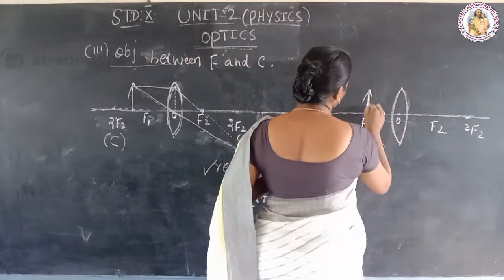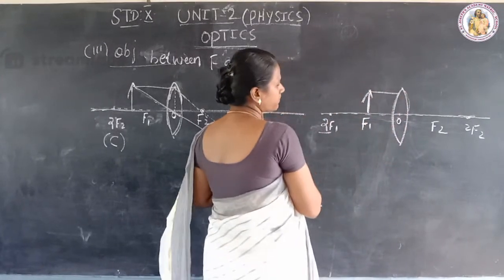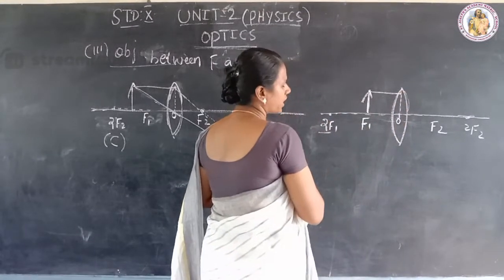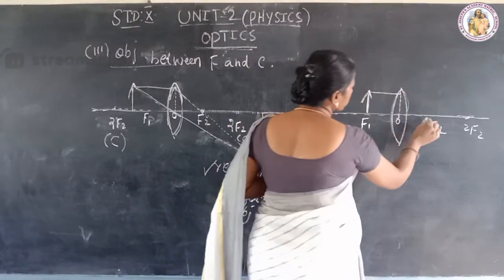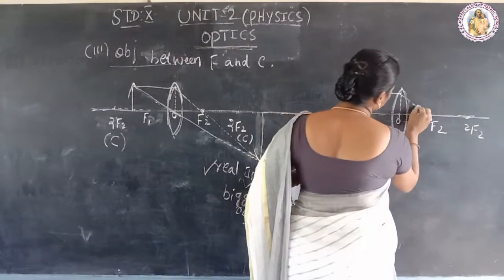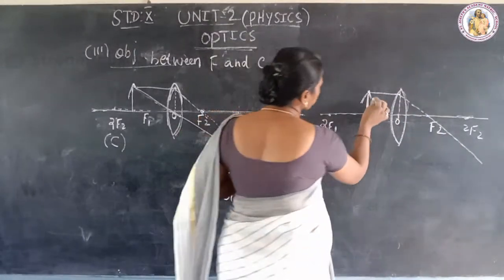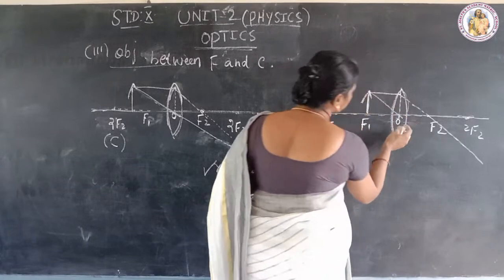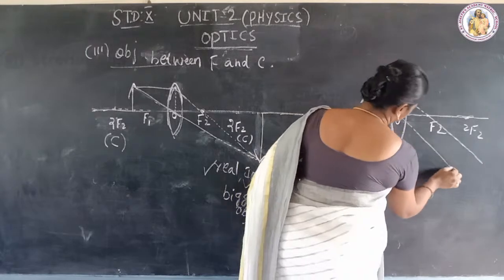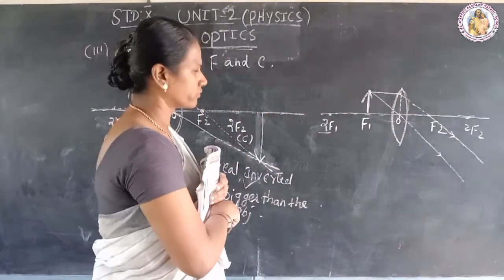What happens? Again, one ray which is parallel to the principal axis falls on the lens, is refracted and goes to F2. Another ray falling on the optical center is refracted. What happens this time?